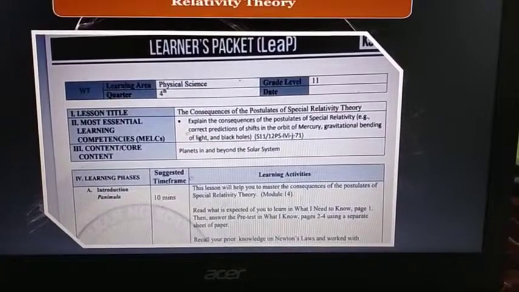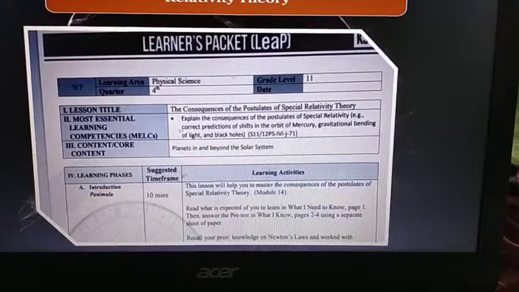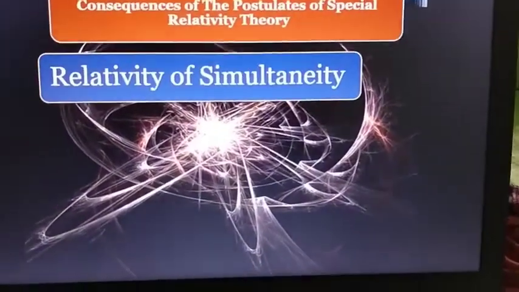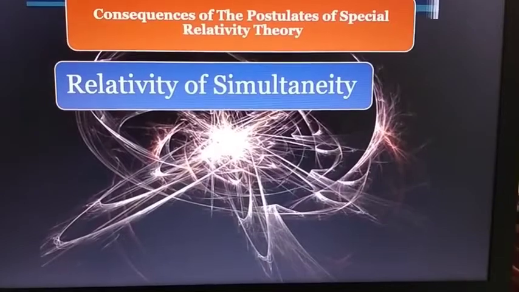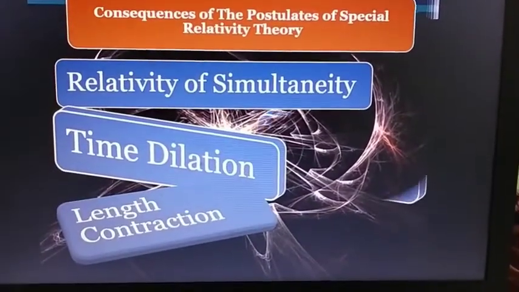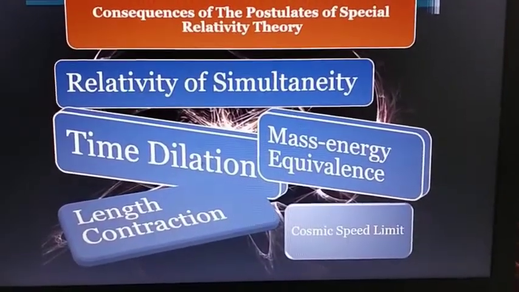Example, the correct predictions of shifts of the orbit of Mercury, gravitational bending of light, and black holes. Okay, specifically, we will focus on the 5 postulates: the relativity, simultaneity, time dilation, length contraction, and mass energy equivalence, and the cosmic speed of light.